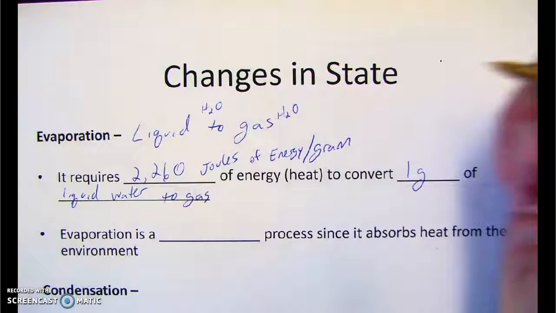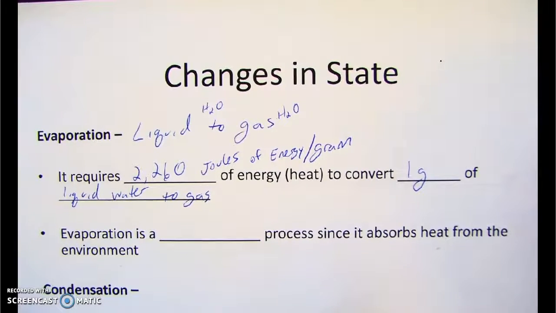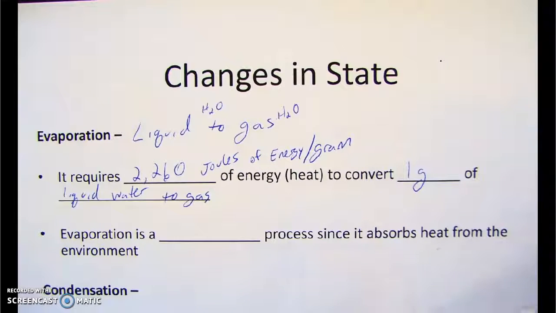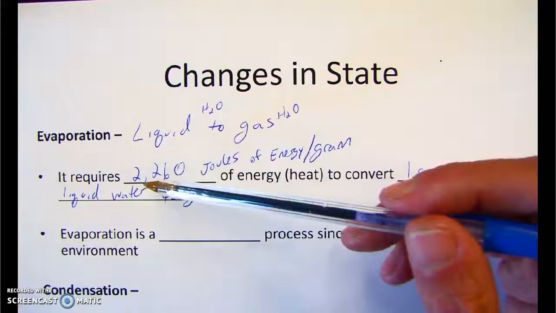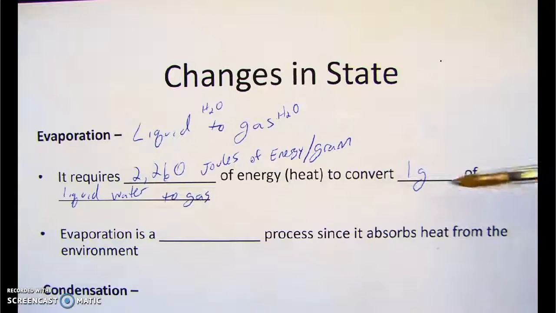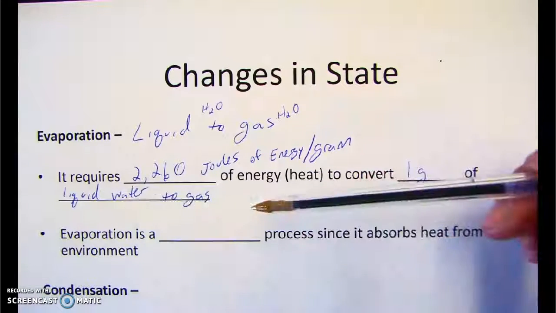So a joule is a way of measuring energy, and we can use joules to measure heat energy. We can use joules to measure chemical energy, like in batteries, or in a chemical reaction. We can use joules of energy to measure any form of energy, even stretching a rubber band or jumping up and down. But in this case, we're using joules as a way of measuring how much heat energy it takes to convert 1 gram of water from liquid to gas.